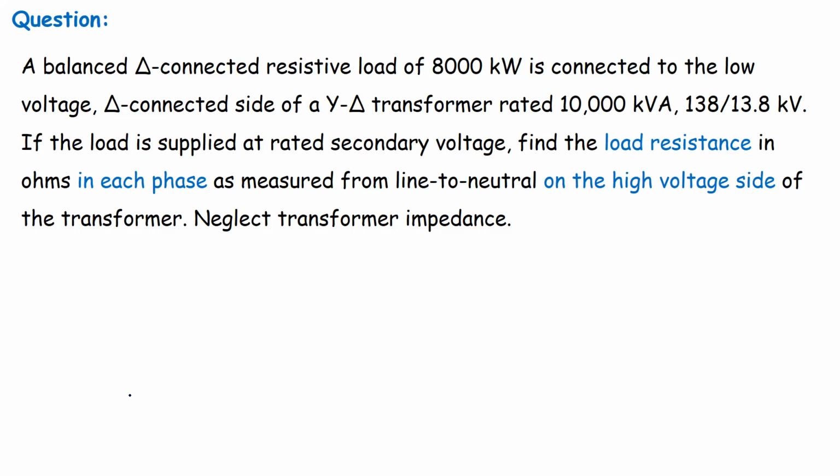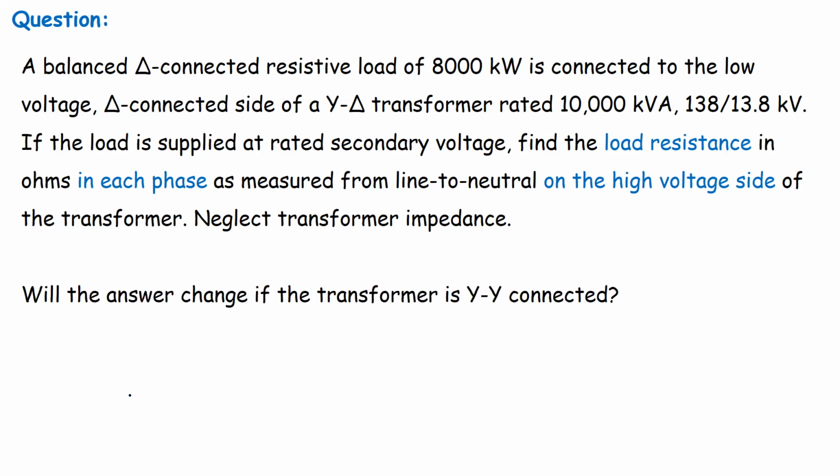So basically the load is connected to the low voltage side as per the problem statement. We need to calculate the value of load resistance when it is referred to the high voltage side of the transformer. And one important point that is specified here is neglect transformer impedance. So the transformer impedance can be ignored. This is the first part of the question.